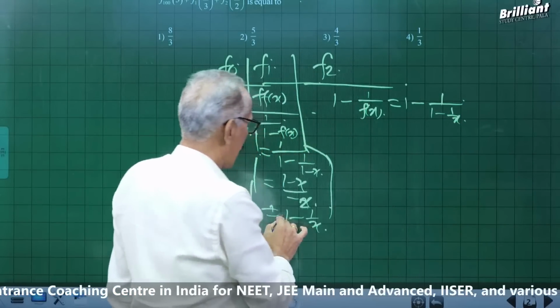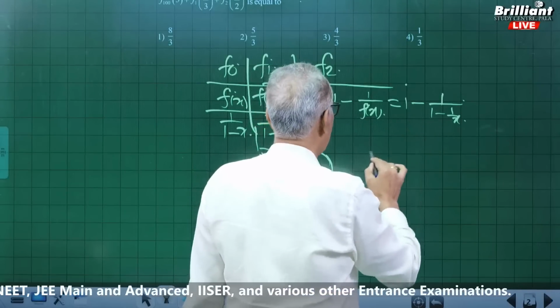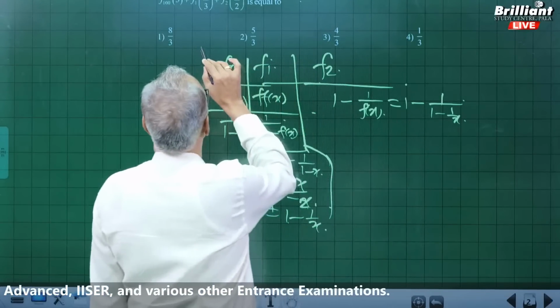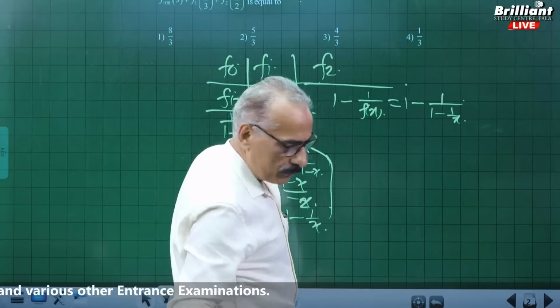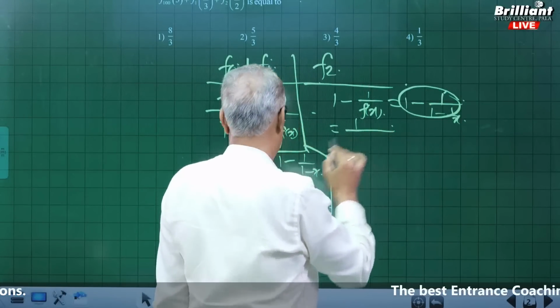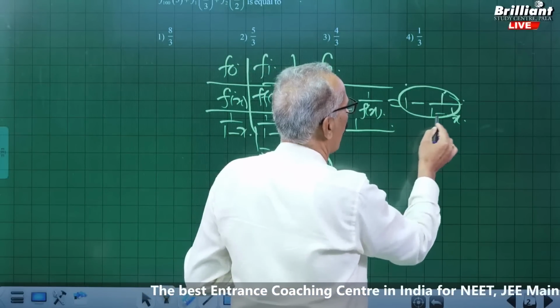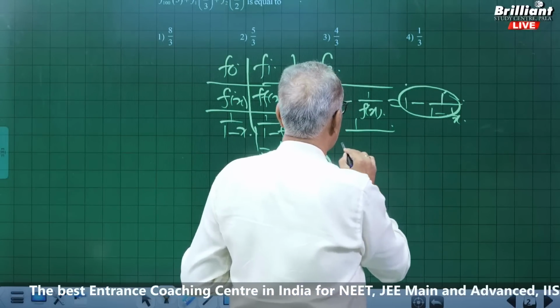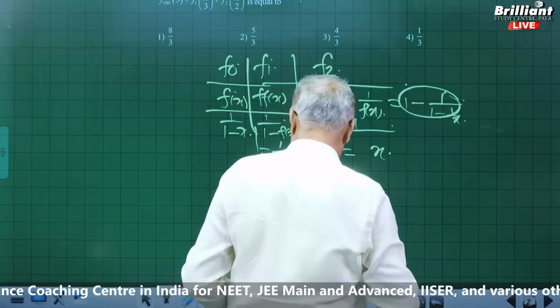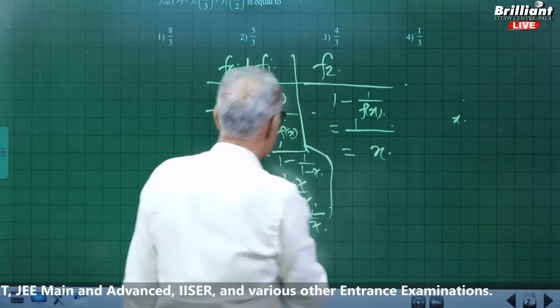We simplify this part, 1 divided by f of x, which is 1 by 1 minus x. So this comes out to be 1 by 1 minus x, and finally we are getting x. So this is f2.